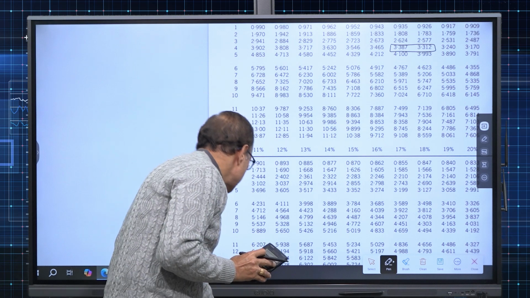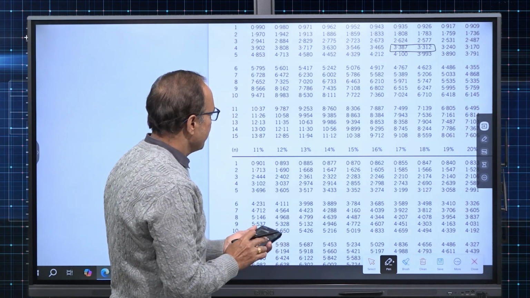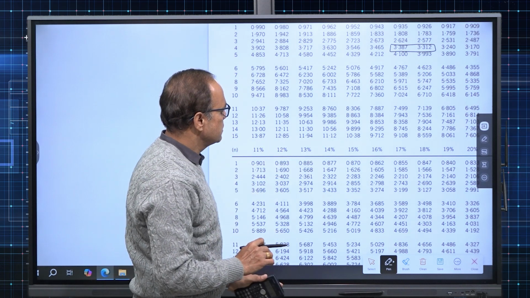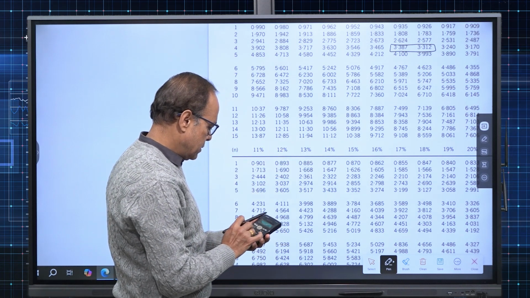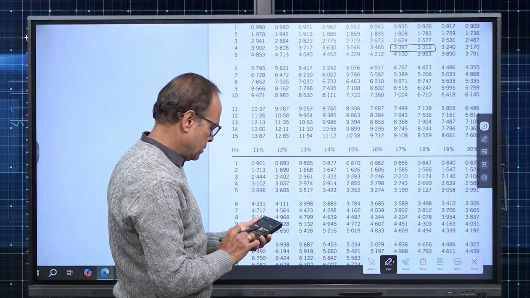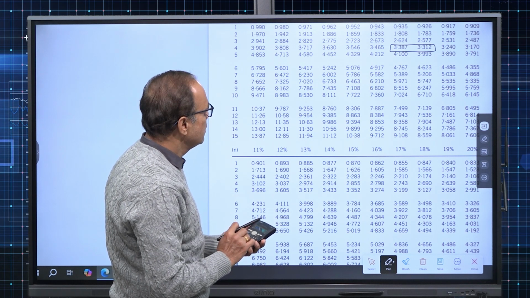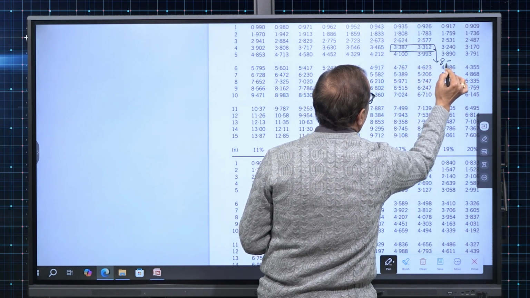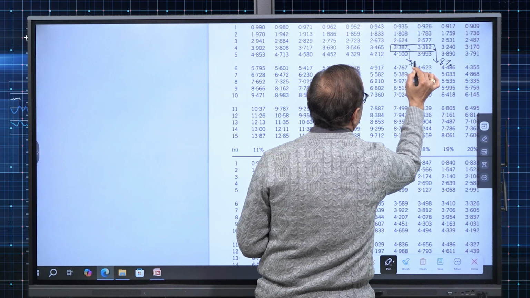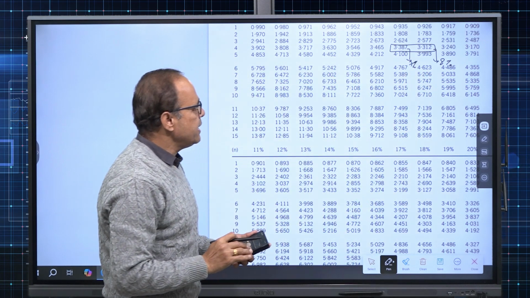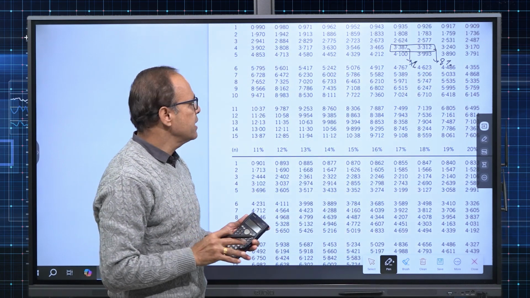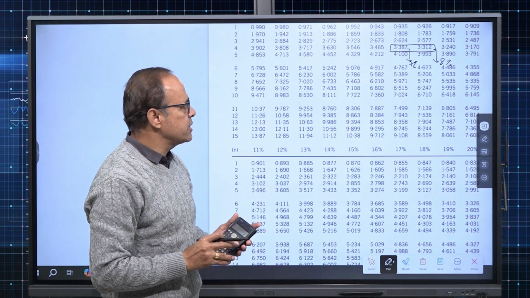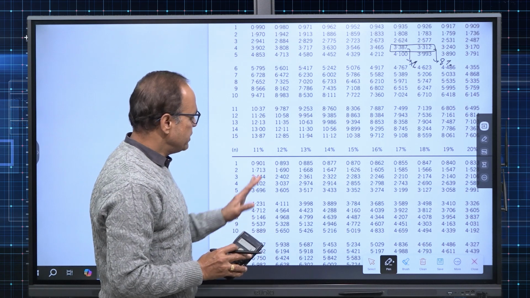So, let me find out the corresponding rate, what rate it becomes. So, this is 8% and this is 7%. So, we are beginning our work at 8%. Rate will be there in the table which we will be provided. Okay. So, that hint we get.